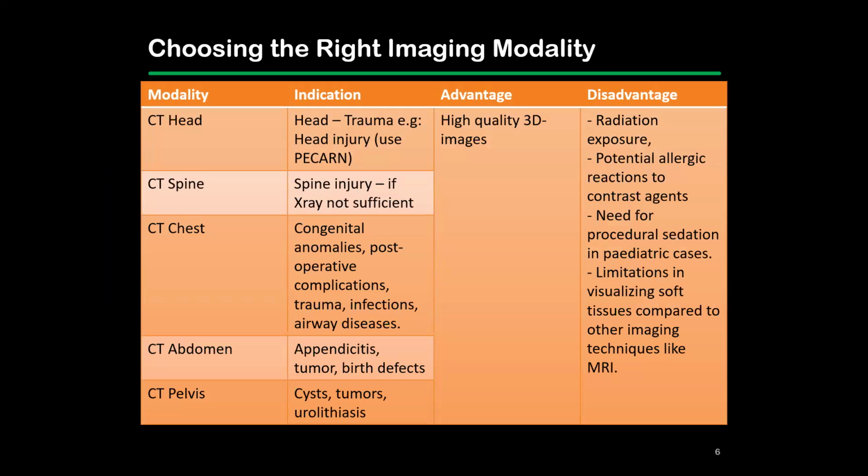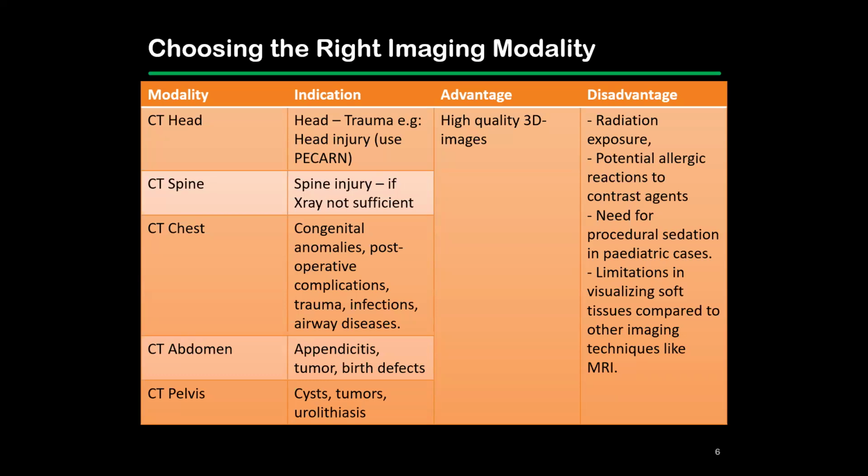And then the last imaging modality that I'll speak of today is CT scan. Pardon the background noise. We have different indications for doing a CT scan. You can have a patient who has trauma to the head and you want to order a CT.